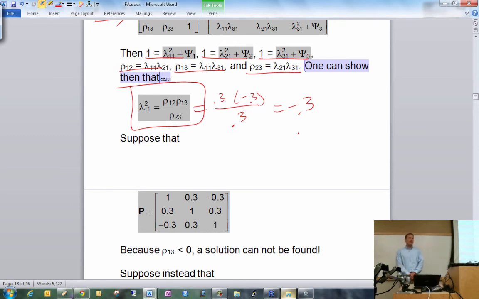Can that happen? I don't know how you can take a square of a number and get a negative number in the end. So this is another problem that occurs with factor analysis: you can have particular situations like this that cannot exist.